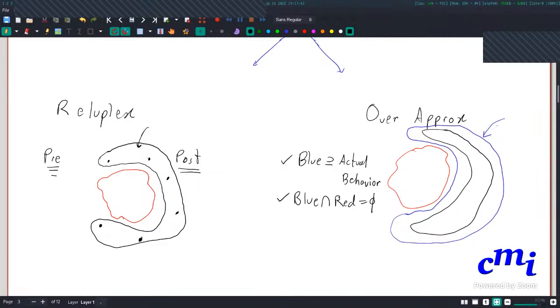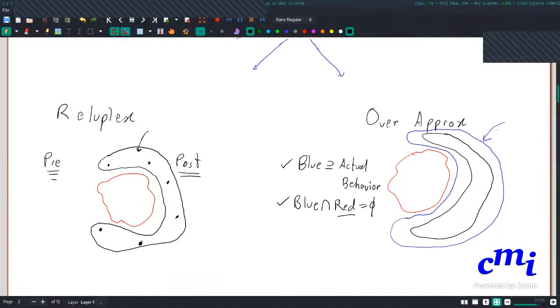You have proven that there is no violation of your property. Your property has to be correct. So this is what over-approximation based methods try to do. They try to find these sort of blue spaces and see whether they intersect with the bad region or not.